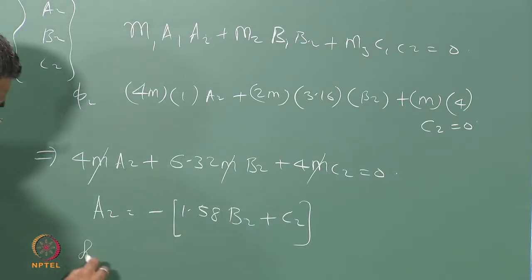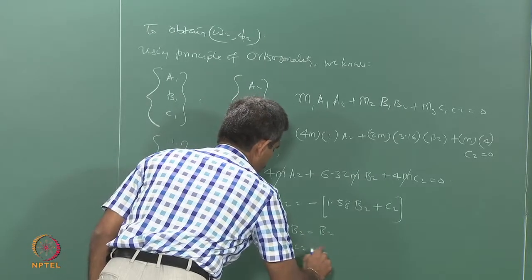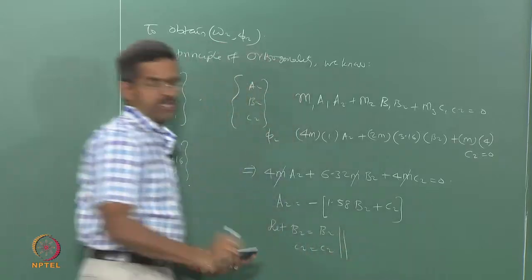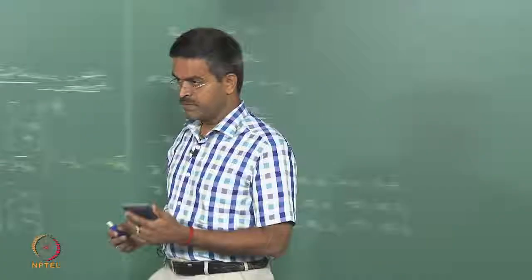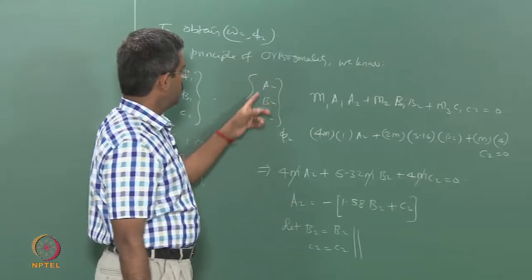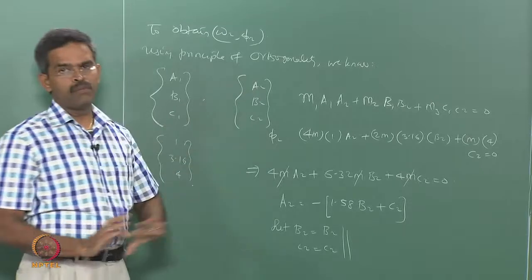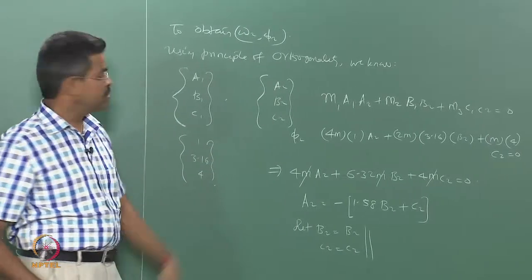Let us say, let b2 be b2, c2 be c2, and this statement looks very funny. This is required, I will tell you why. There are 3 unknowns here. What are the unknowns? a2, b2 and c2. We also know that a2, b2 and c2 are not independent, they are relative, because it is a mode shape.